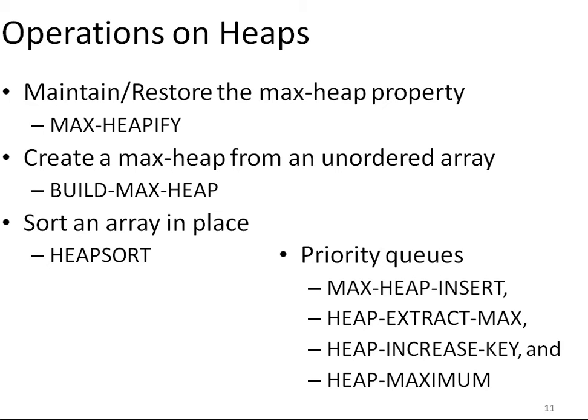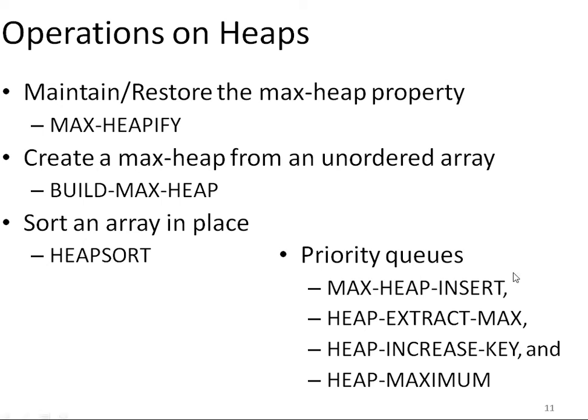So the moment I say priority queue, there should be a function to insert a new value. Accordingly, we will have a function max heap insert. Then there is a function with the help of which I can identify or delete the maximum value present in a priority queue. In order to read the maximum value, I have a function heap maximum. It will just read the maximum value present in the heap but will not delete it. On the other hand, heap extract max will delete the maximum element from the priority queue.